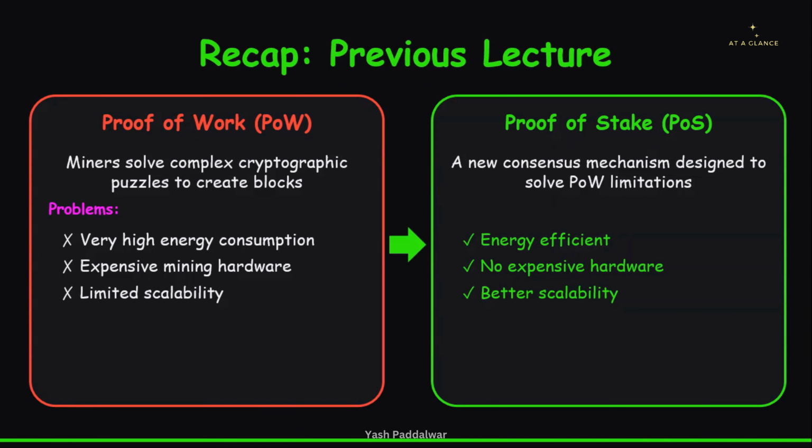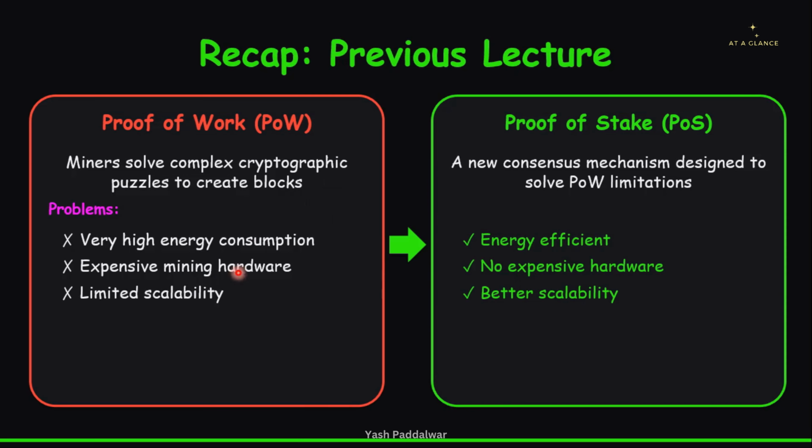Previously we have seen the proof of work concept. We have seen that miners solve complex cryptographic puzzles to create blocks, or to add a block into the blockchain network, right? But there were a lot of problems in it. Energy consumption was very high. It was expensive. It required multiple high quality hardwares, and the scalability was limited.